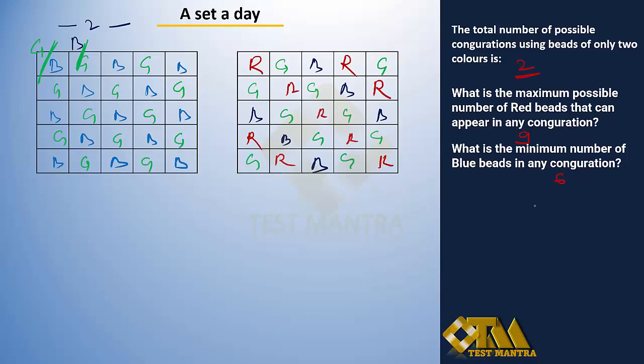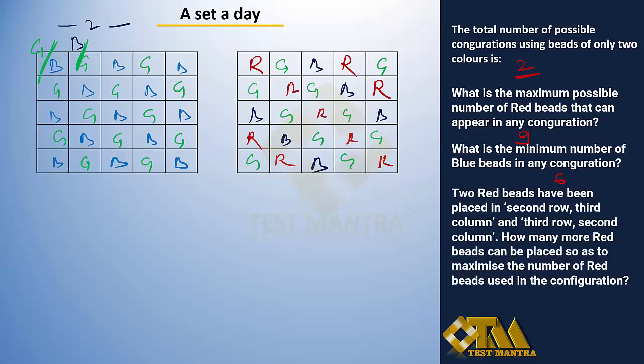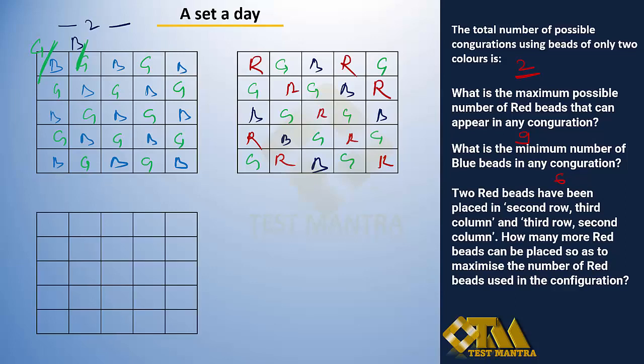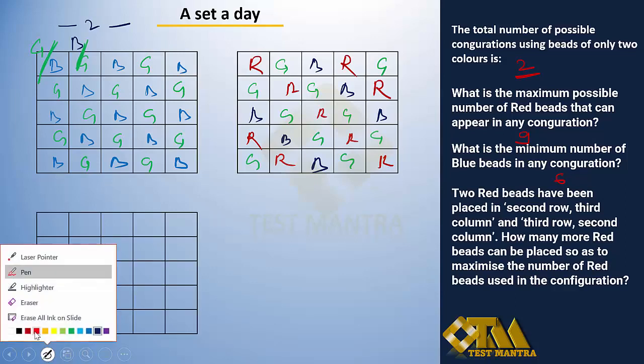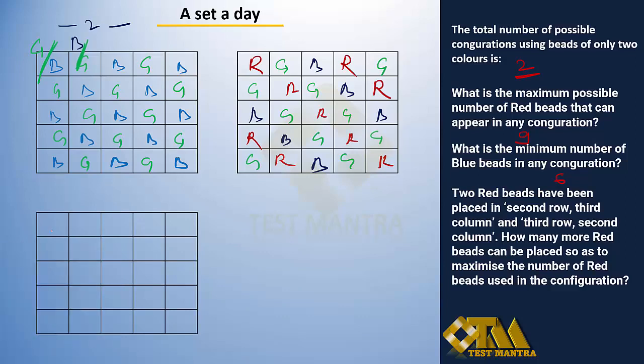Next one. Now 2 red beads have been placed in second row and third column. So now the red beads are in the second row and third column. So these are my rows available.